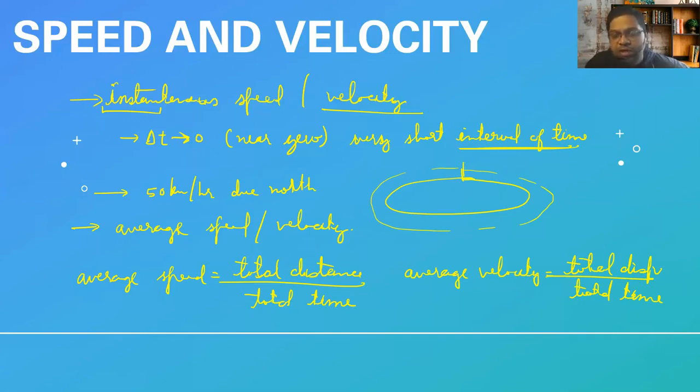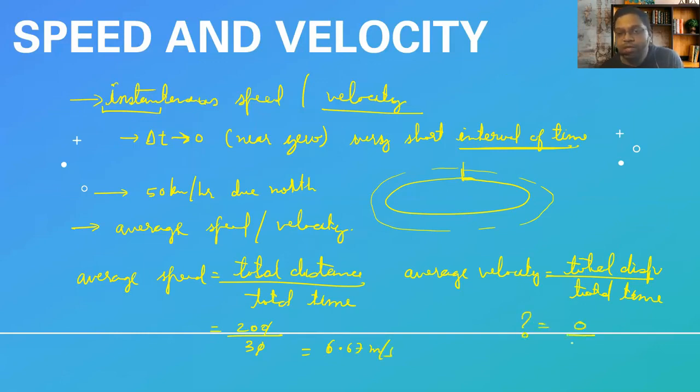And then before the end, you also sprint, you cover a distance in a shorter time. So that means your speed is not uniform throughout. So what you do is you do 200 upon whatever time you took. Like, say you took 30 seconds for that. So your speed was something like 6.67 meters per second.